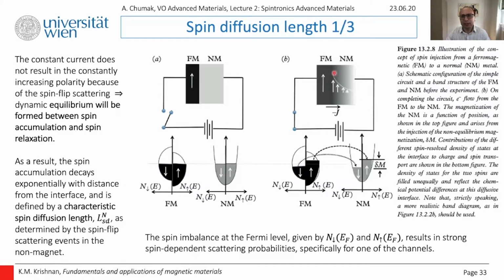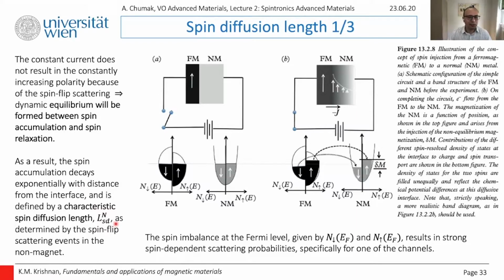You can describe it: the spin accumulation decays exponentially from the interface and is defined by a characteristic spin diffusion length, LSDN. Such a parameter we'll use in this lecture.